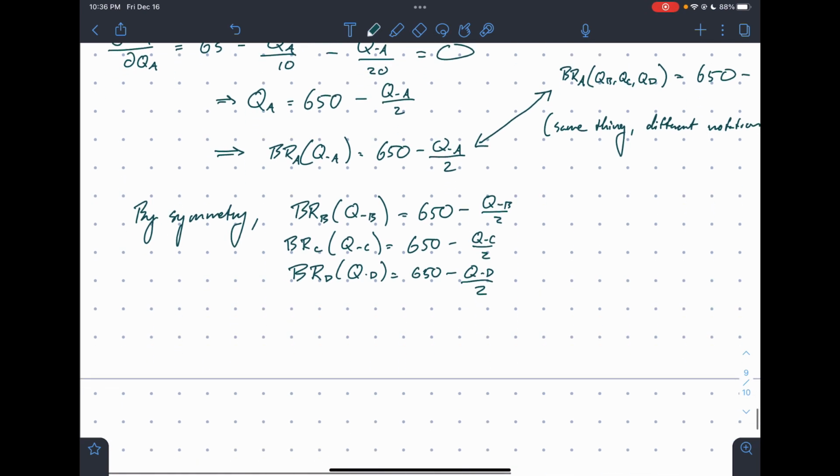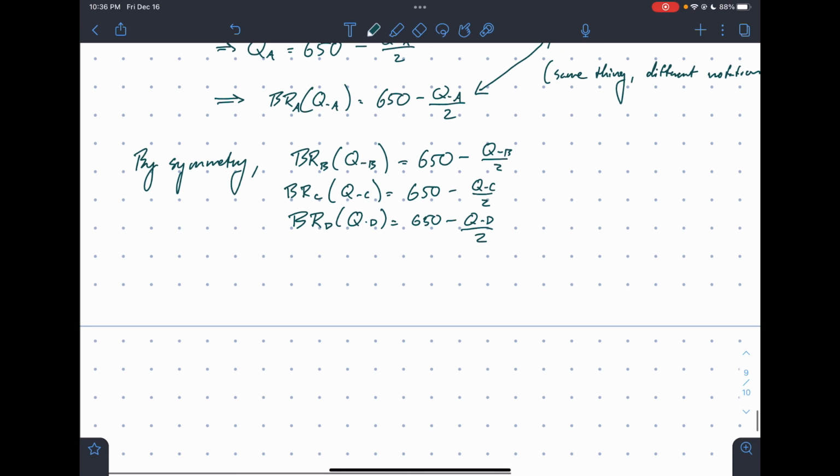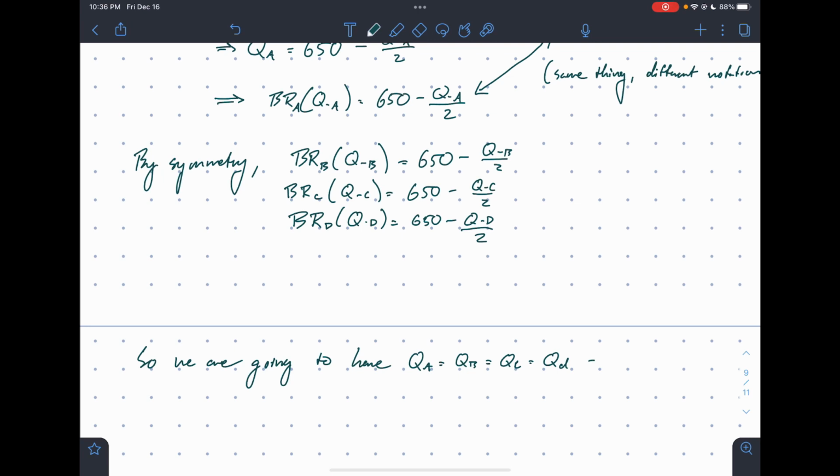So what we're going to do is recognize that each of these best response functions is exactly the same. So each firm is going to produce the total industry output divided by 4.